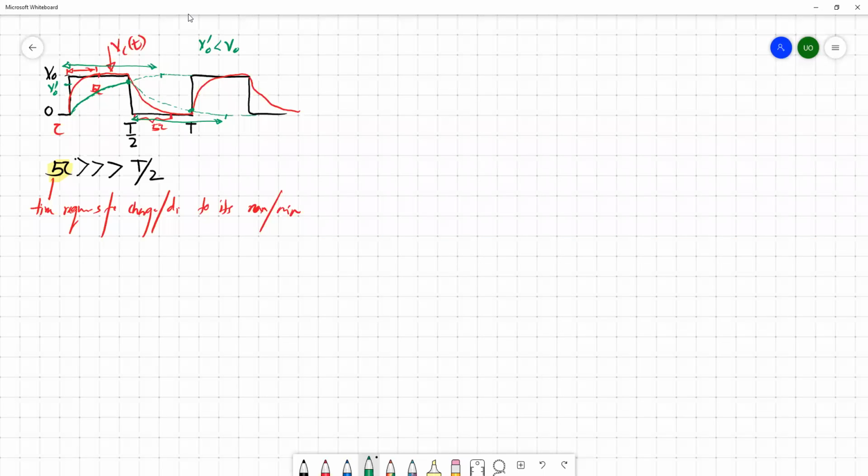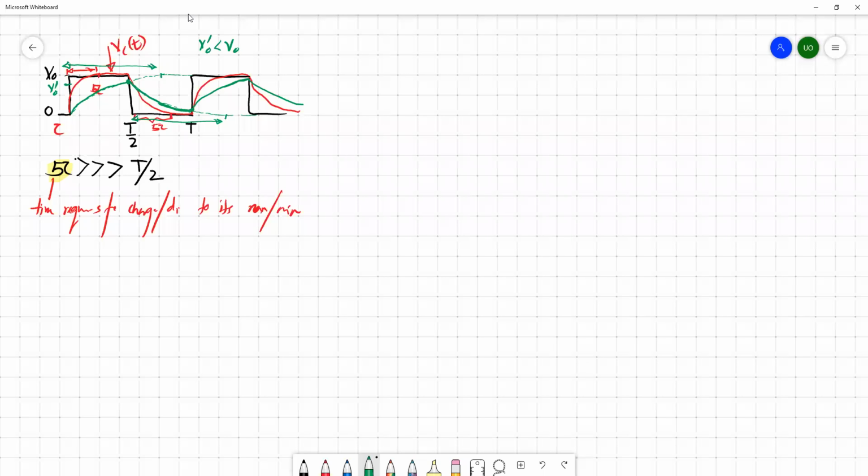Okay, so now the profile is somewhere around here. Then it charges again to somewhere here, which is close to the discharge level, and likewise.